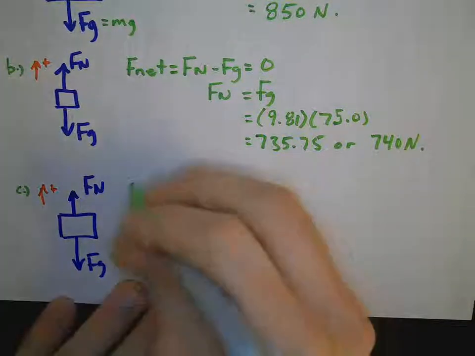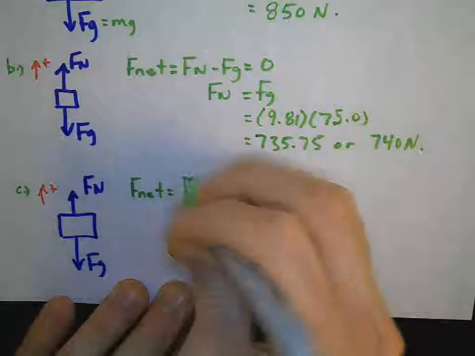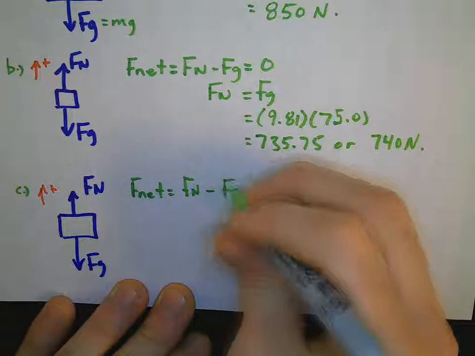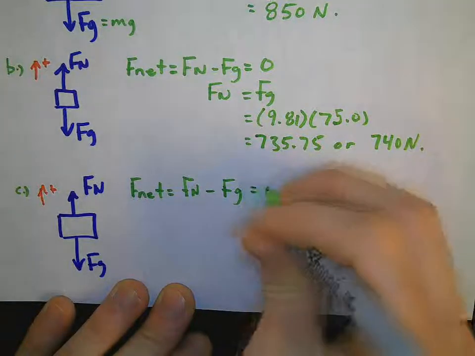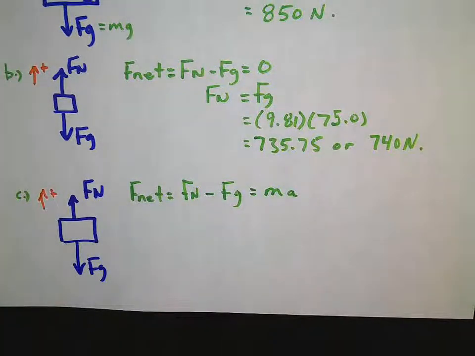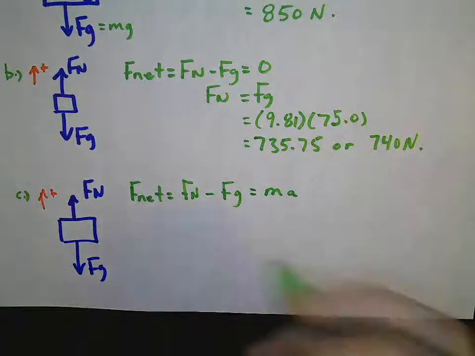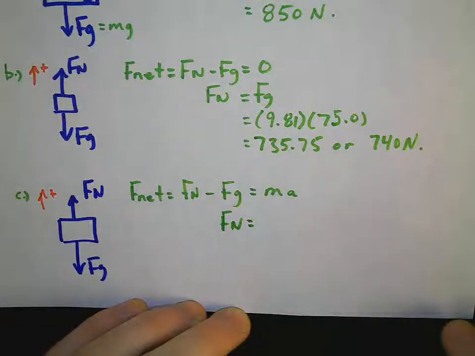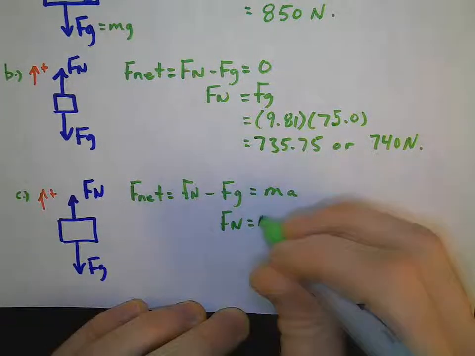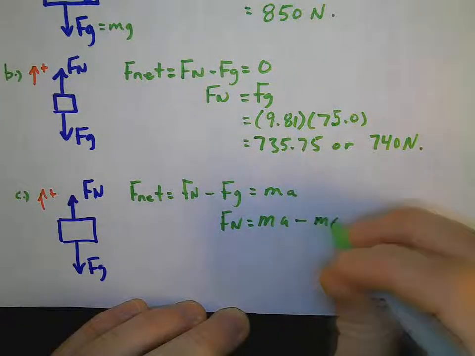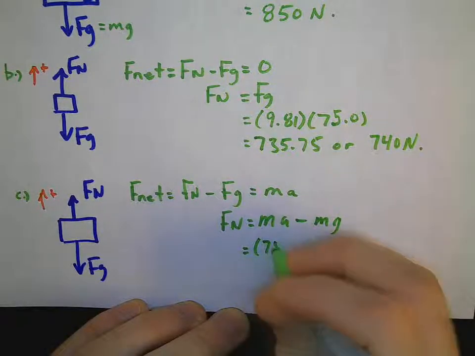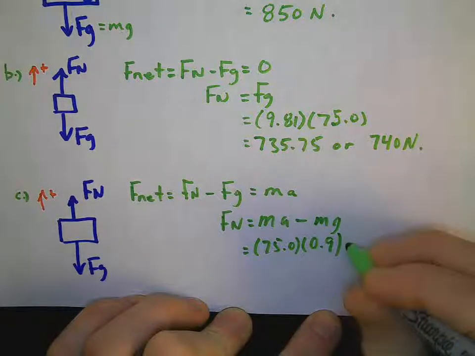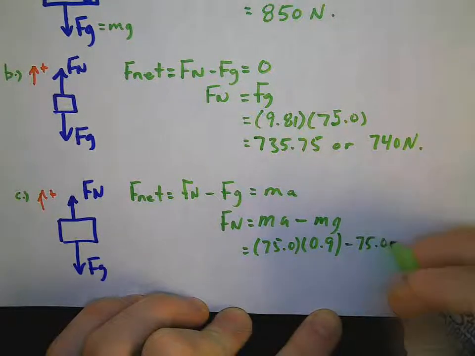I'll have Fn minus Fg is equal to mass times acceleration. Fn, therefore, will be ma plus mg, so 75.0 times negative 0.9 plus 75.0 times 9.81.